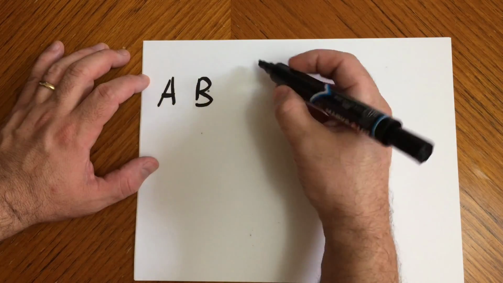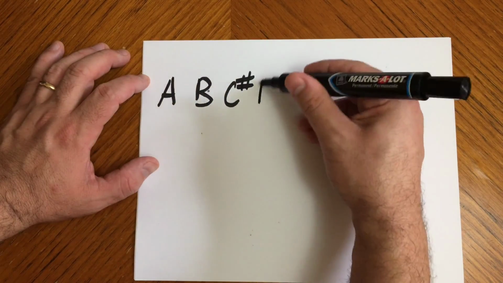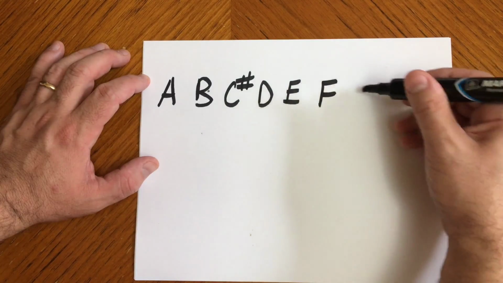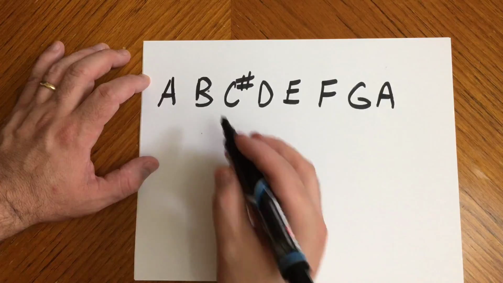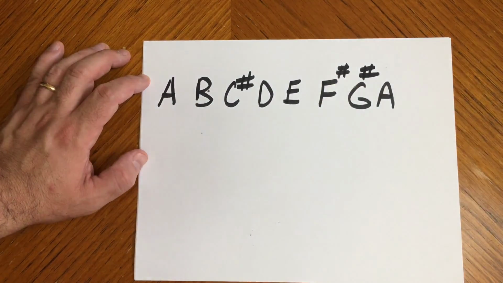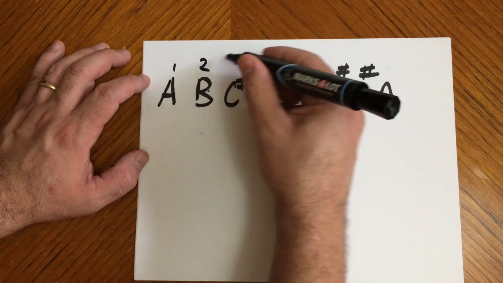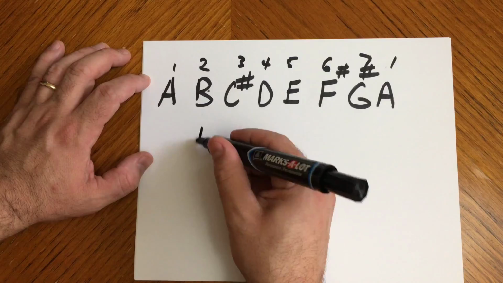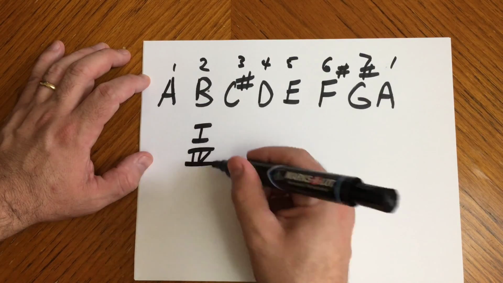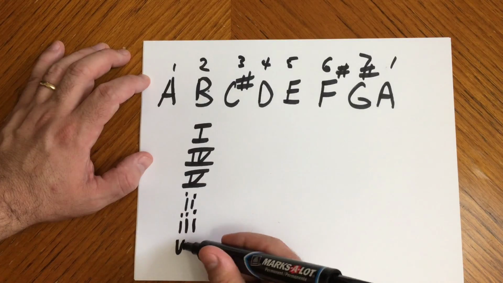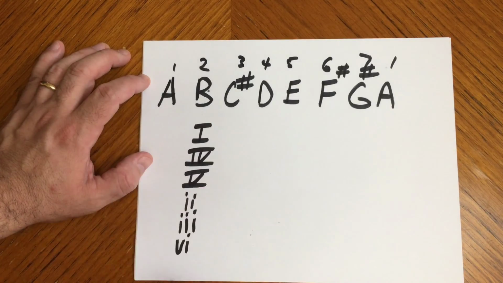A, B, this is the key of A. These are the notes that are in the key of A. And if we label them, 1, 4, 5, 2, 3, 6, right? 1, 4, 5, and then everything else.